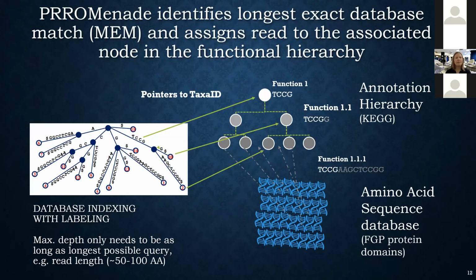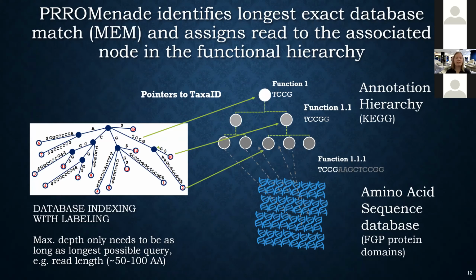Just a little bit more detail. So here's an example. In the suffix tree, you would find all these sequences in your database, and each branch will point to an annotation in the hierarchy. And your actual database sequences are used to construct this index, as well as they have these labels that are matching your hierarchy.